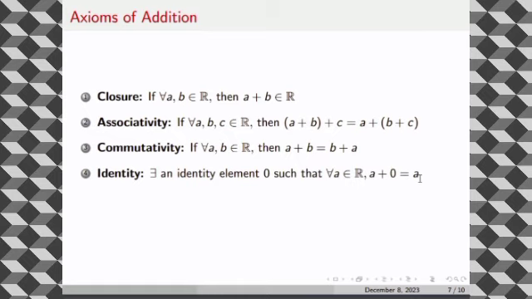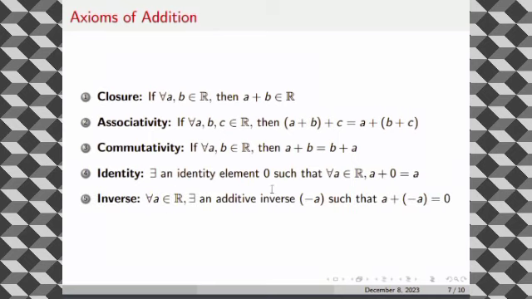We can say that a number will not be affected by the addition of the identity. Inverse. For all a belonging to the real numbers, there exists an additive inverse such that a plus negative a will be equal to 0. This means for every real number there exists its inverse which makes its value 0 after adding it.